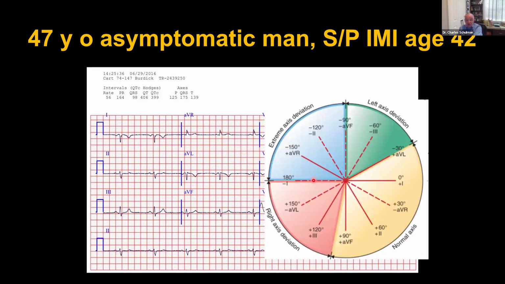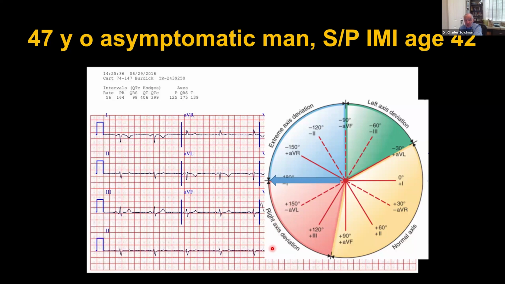If you calculate the axis, it's actually along the horizontal, right? So this is about horizontal, and this is way negative. Is that a normal axis? The answer is no, it's not a normal axis.